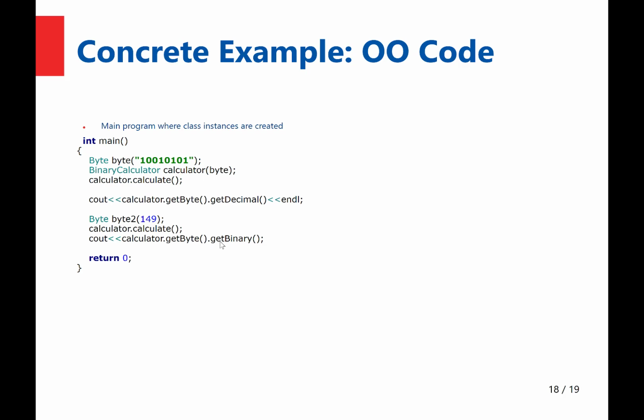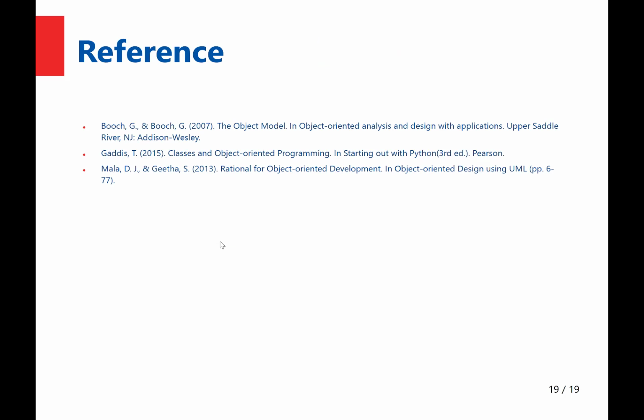And finally, the last slide, the references. So I got this information from 3 books, right, from the textbook in the class. I thought that some of it needed a little bit more explanation, so I went out and looked at a very popular object-oriented analysis and design book by Booch. This was from 2007, and then I also wanted to get an explanation for you all on how developers need to think when they migrate their thinking from procedural programming to object-oriented programming.